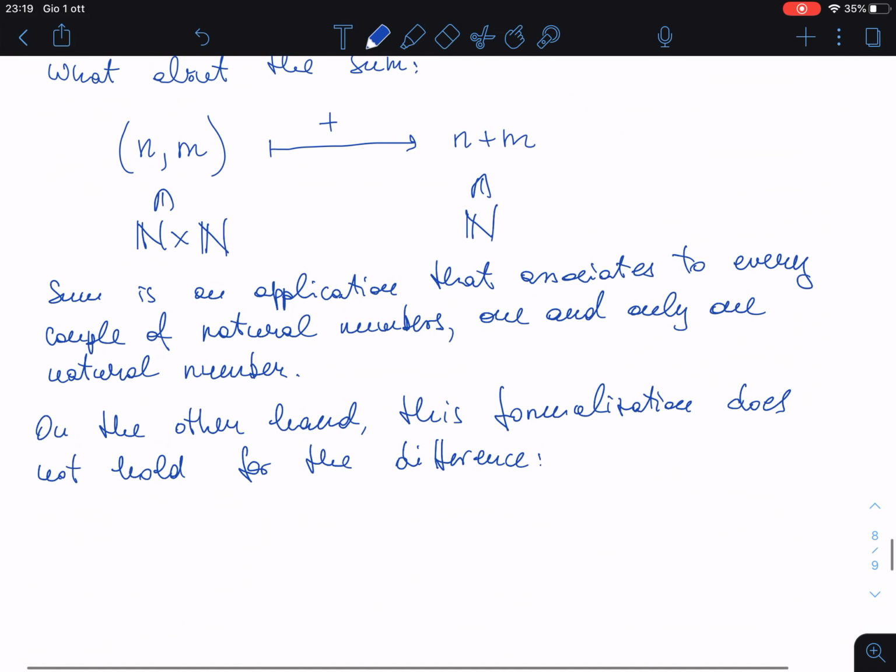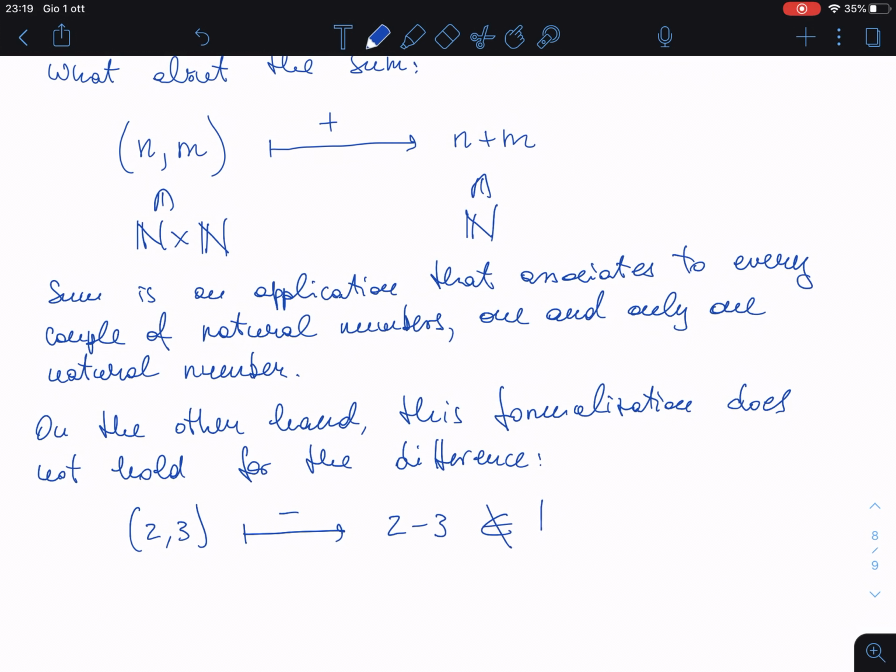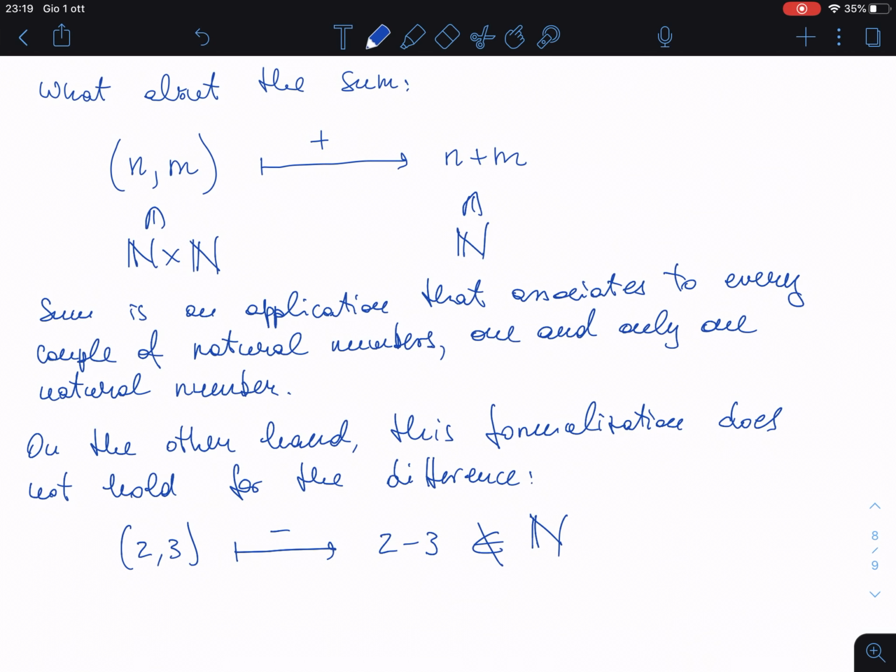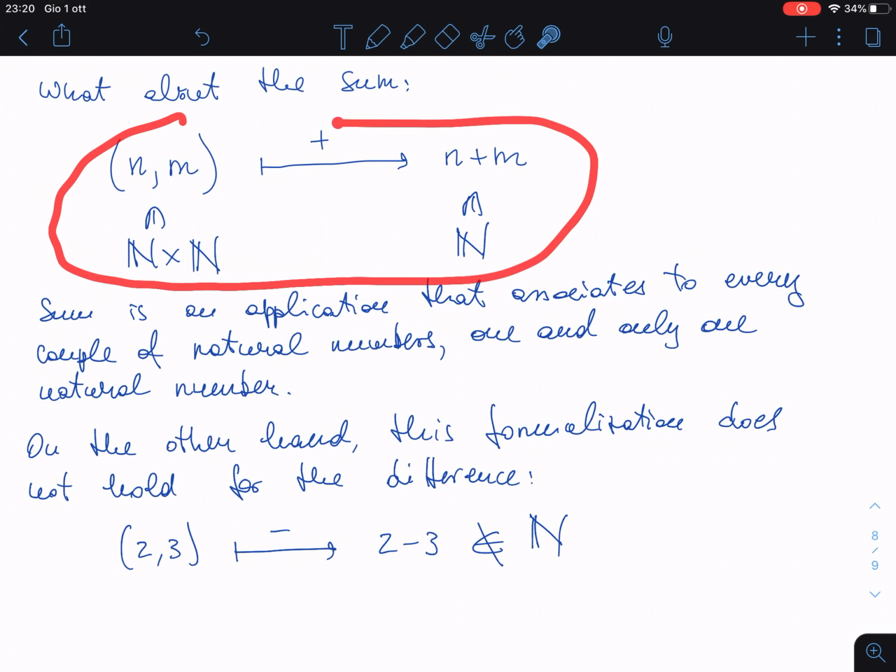Indeed, if you start from the couple, for instance, 2, 3, and then you want to map them by the difference to 2 minus 3, this is no longer a natural number. So the difference is not an operation in the sense that it is not a map from N by N to N. Okay? So here we defined the notion of operation in a way that makes the sum an operation between natural numbers and the difference is not.